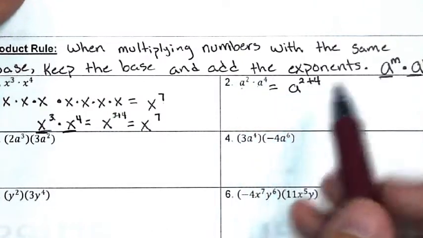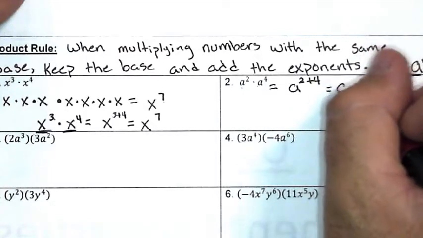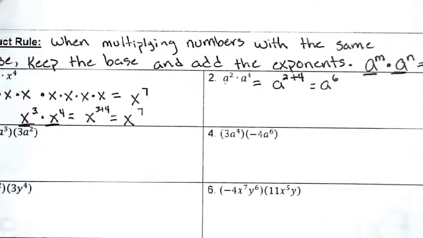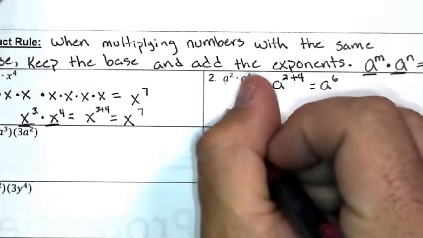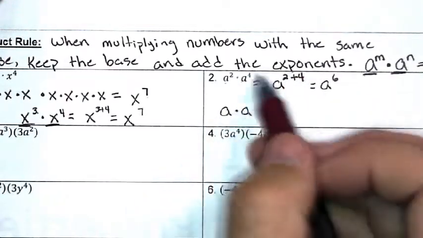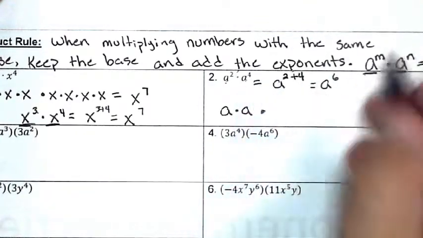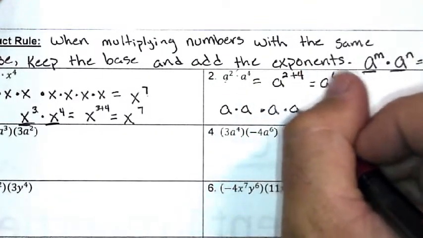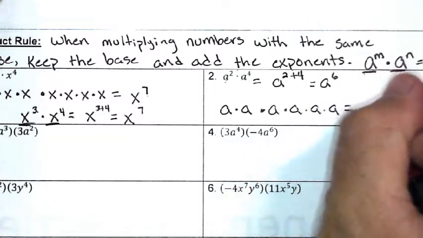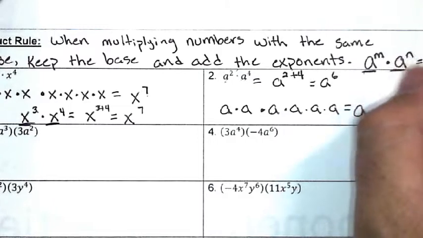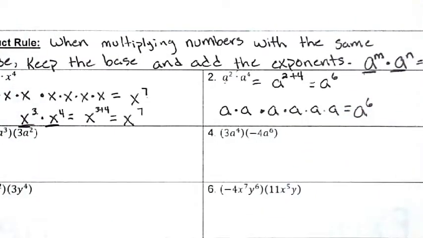What is 2 plus 4? A to the power of 6. Now, in expanded form, to prove my point, I have a times a, or 2 a's being multiplied to each other, times 4 a's being multiplied to each other. And that is 1, 2, 3, 4, 5, 6 total a's that are being multiplied to each other.